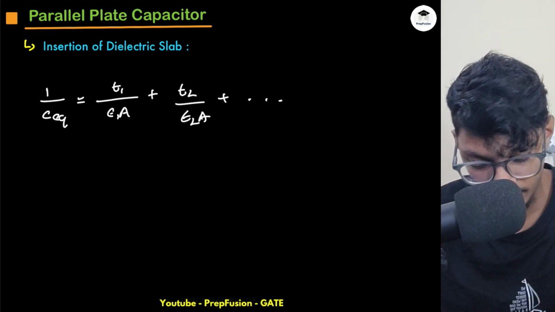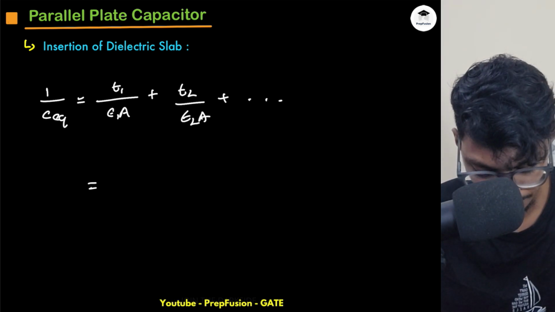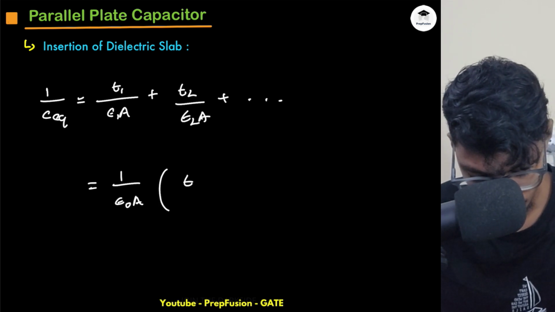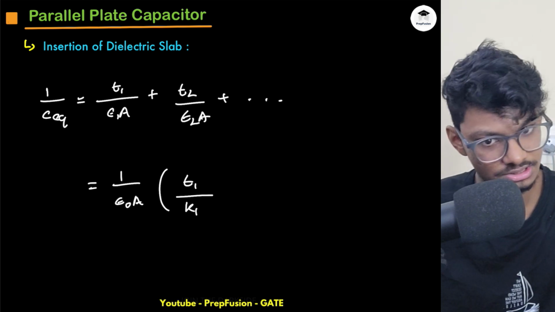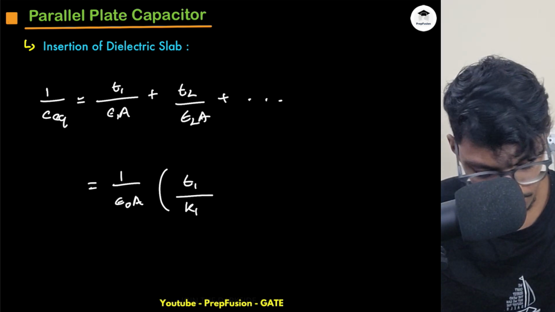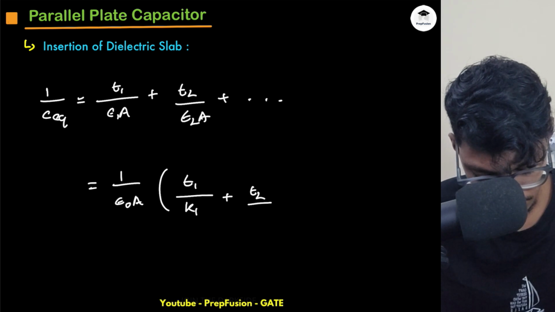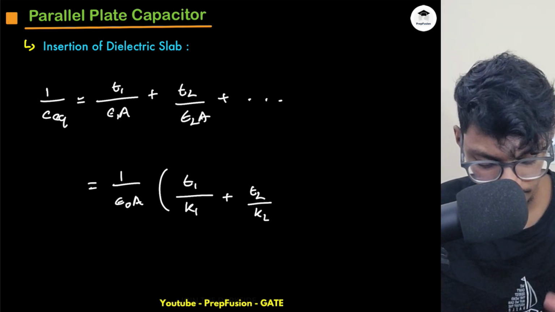Now what can I take common? I can take epsilon naught common. So I can take 1 by epsilon naught A common. This will be T1 by K1 simply. K1 and epsilon R1 are both the same thing, right? T1 by K1 plus T2 by K2.